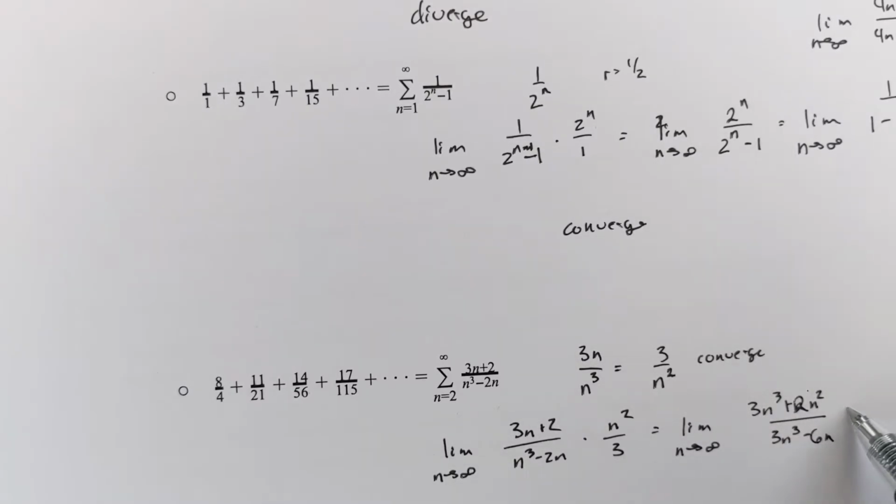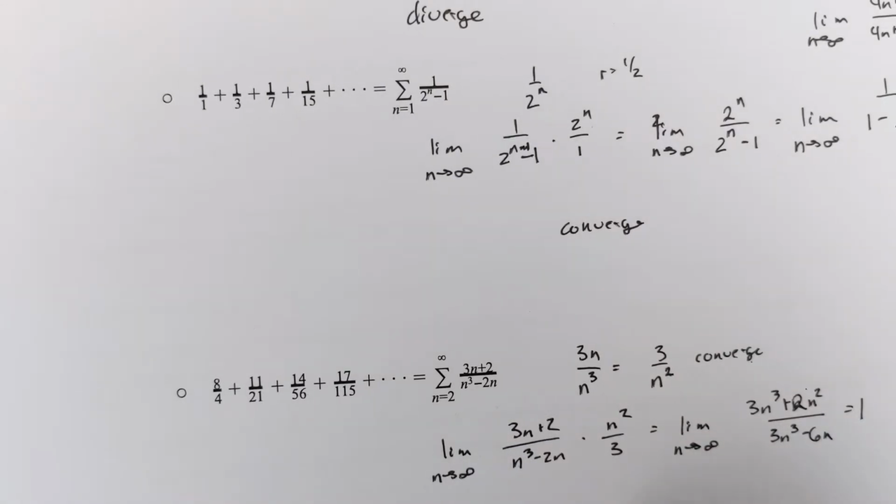Only the lead terms matter, which comes out to be 1. So since that's a number, this converges, which means the original one also converges. So if you remember, if you get a number for the limit, a of n does whatever b of n does. Either they both converge or they both diverge.